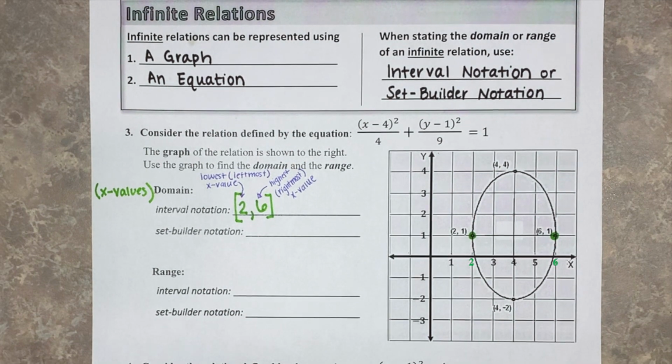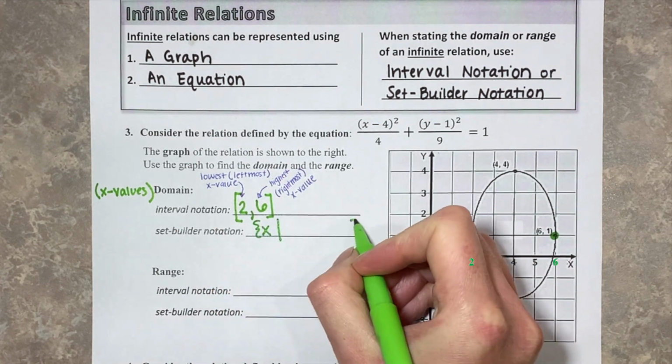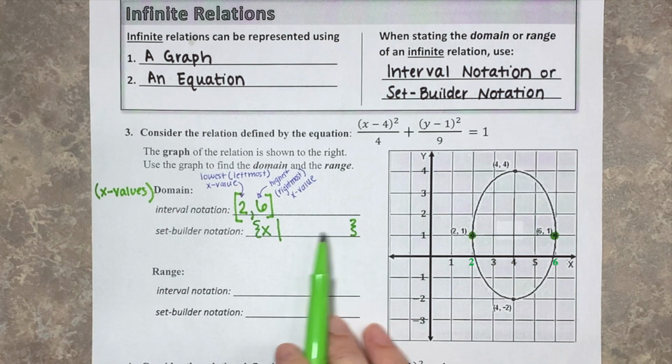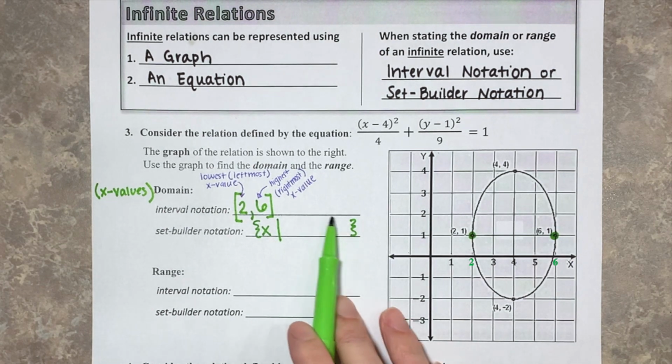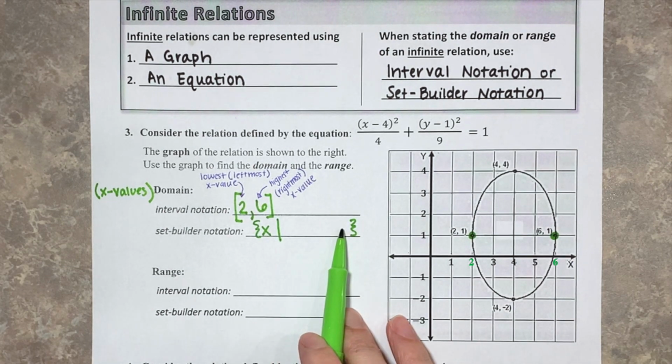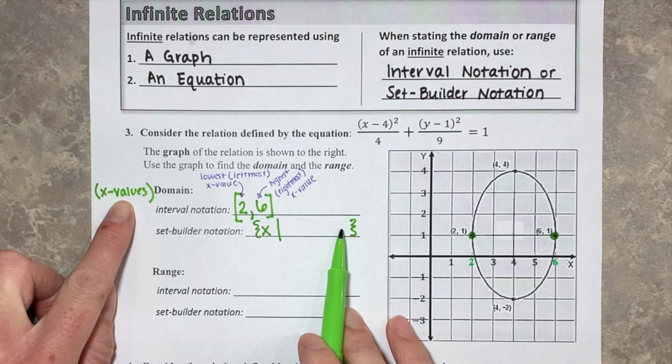We can also represent the domain using set builder notation. We learned set builder notation in chapter 1.4. For set builder notation, you start by drawing this general outline. So for set builder notation, we want to write an inequality to represent the domain or the x values on our graph.